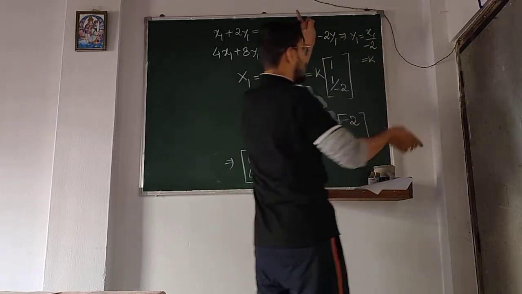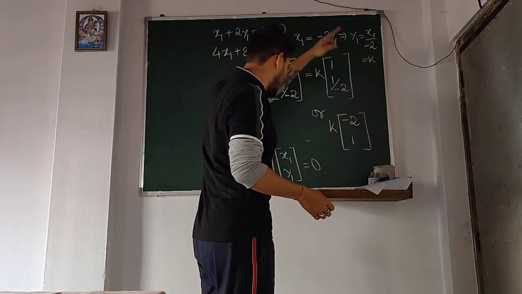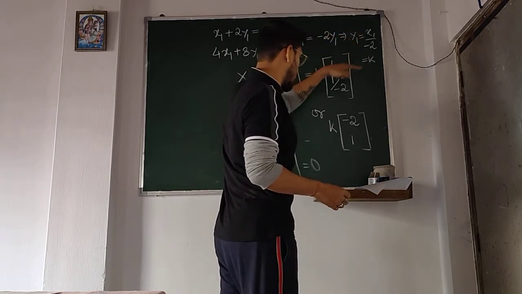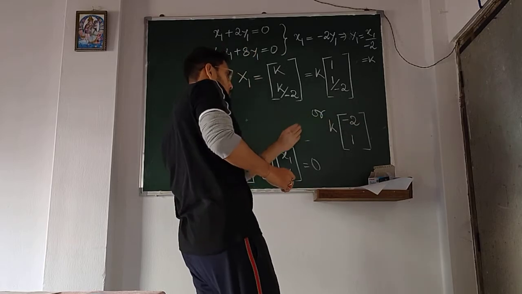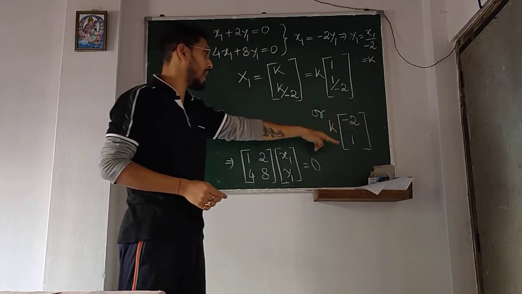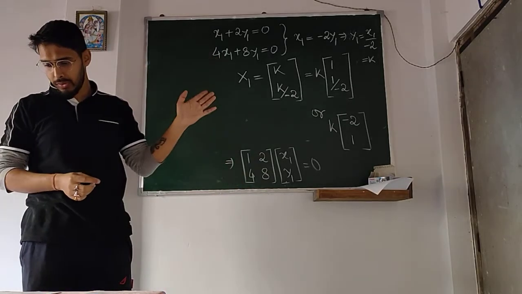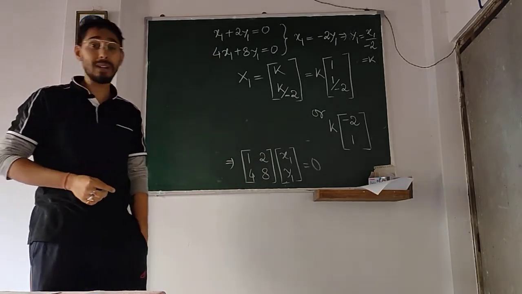So if this is equal to k, then y1 equals k, and x1 equals minus 2k. So minus 2k, k goes out, we are getting minus 2, 1. So you can represent it in both of these formats, the first one or the second one.